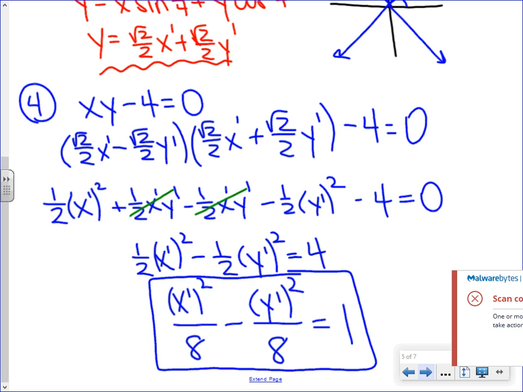What we'll do on Monday is we'll actually take this hyperbola equation, identify the center, identify the vertices, identify the asymptotes, and graph it on the x prime, y prime axis. Okay, we are going to do one of 4 homework problems. There is a homework problem very similar to this.